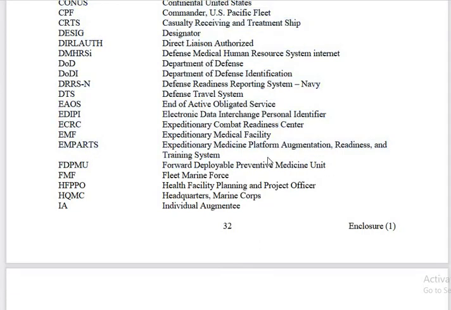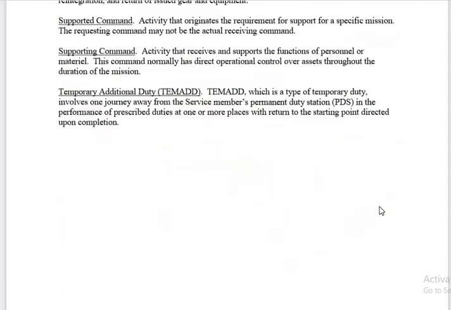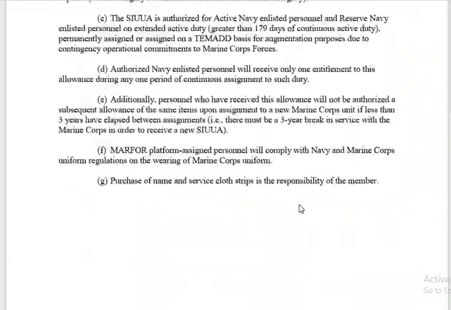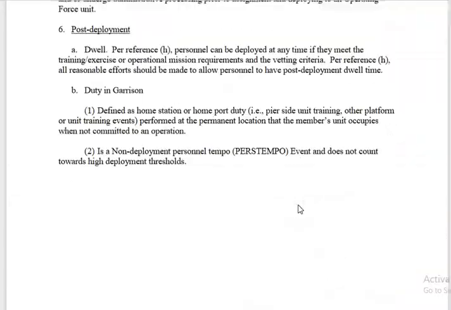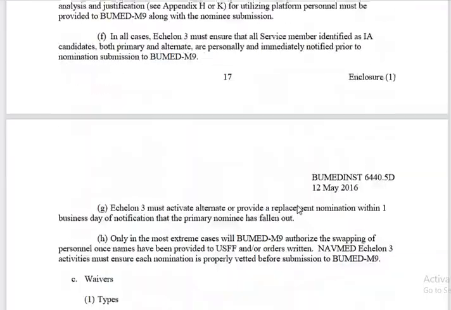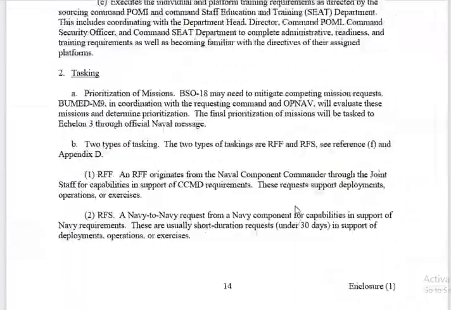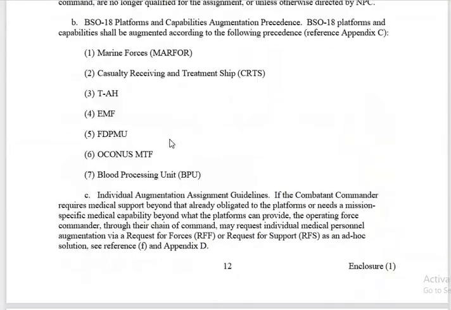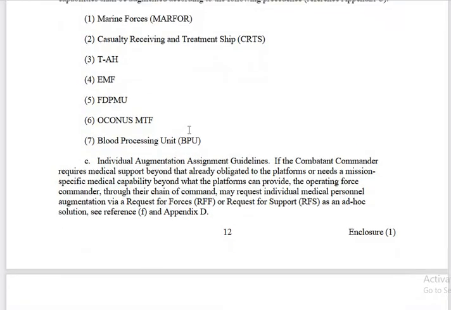The FDPMU is a forward deployed PrevMed unit. So let's go back up to those sections. Marine Forces, casualty receiving and treatment ships, hospital ship, expeditionary medical facility, forward deployed PrevMed unit, OCONUS MTF, so MTFs that aren't in the continental US, and blood processing is the last.